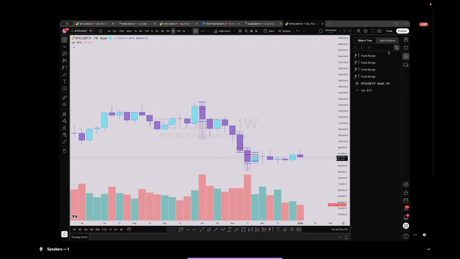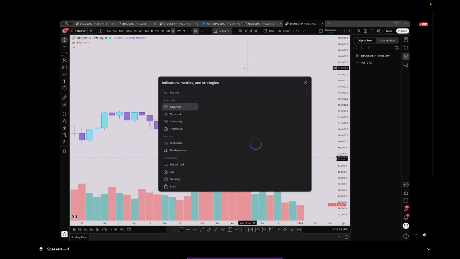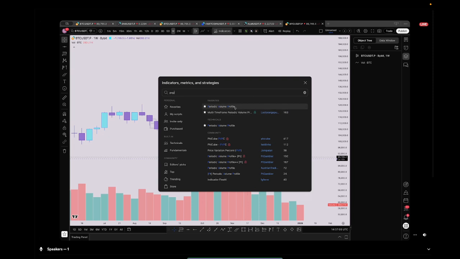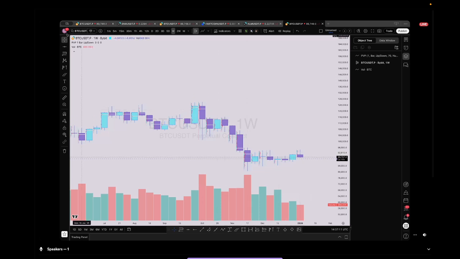But then we have another tool in the indicators called PVP. It's periodic volume profile.